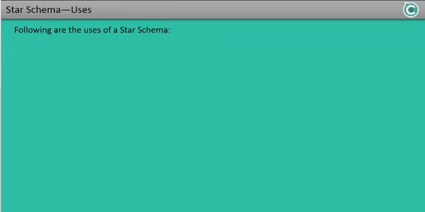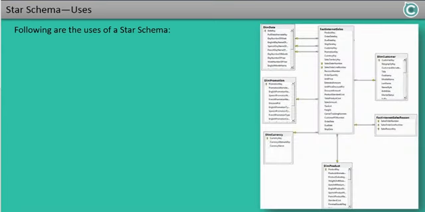The star schema was shown as a conceptual diagram on the previous screen. You can see an example of a star schema defined in the database as tables in the present screen. The middle fact table is surrounded by a number of dimension tables as points of the star.